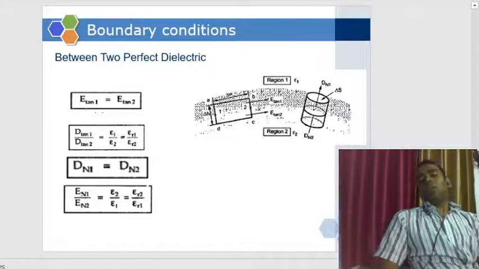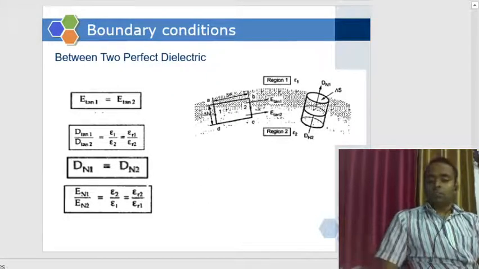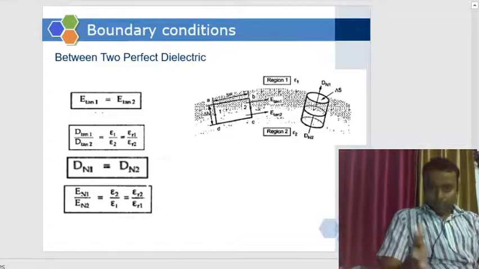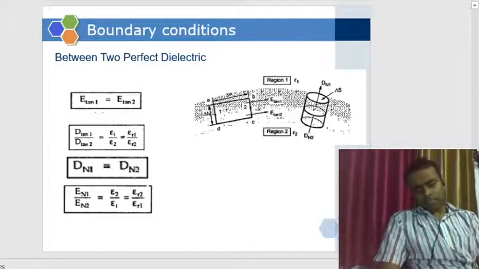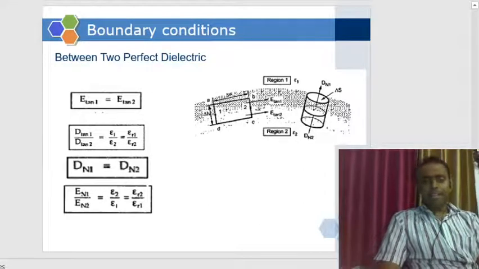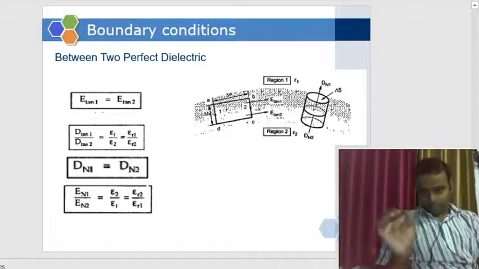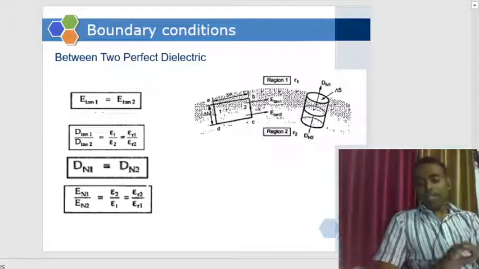And the normal component of D, that is flux density, will be the same for both regime 1 and regime 2. These are the results which I have taken, and you just have to establish them by the procedure which I did for these two. It is entirely the same.